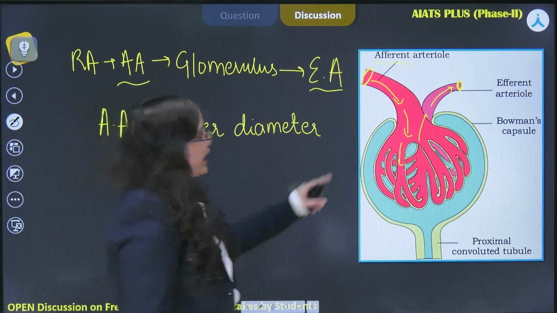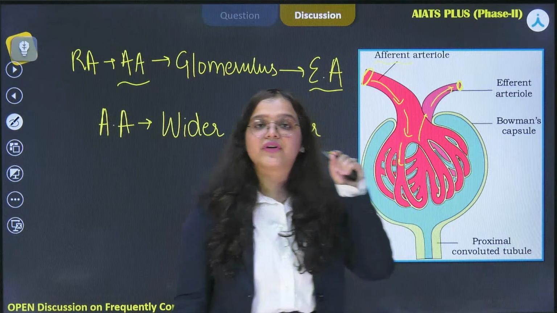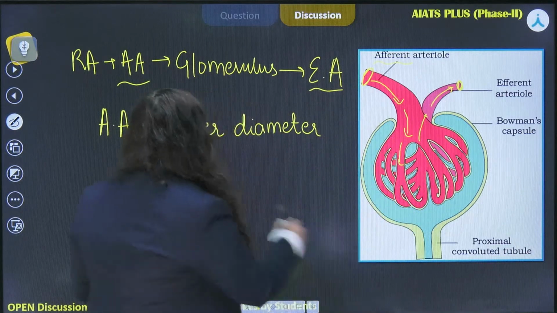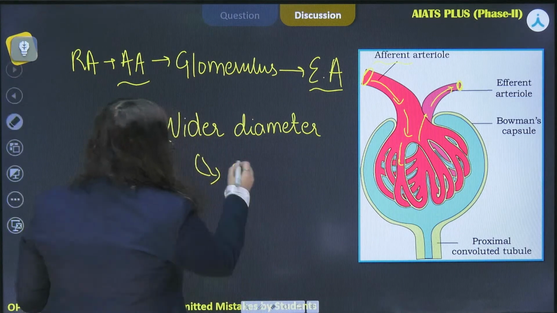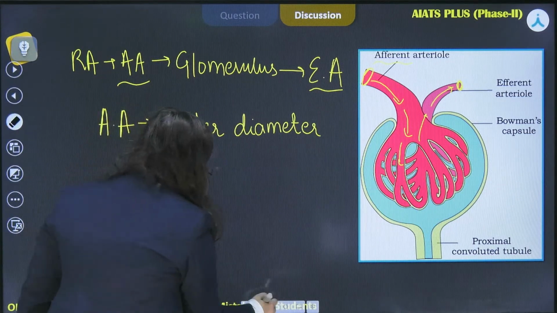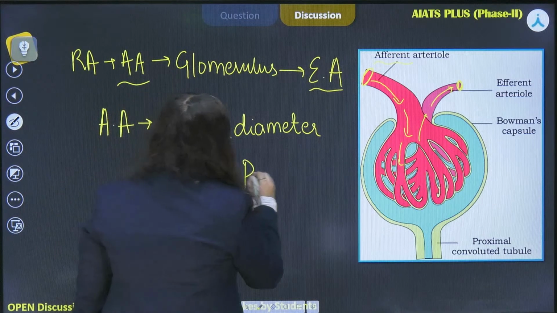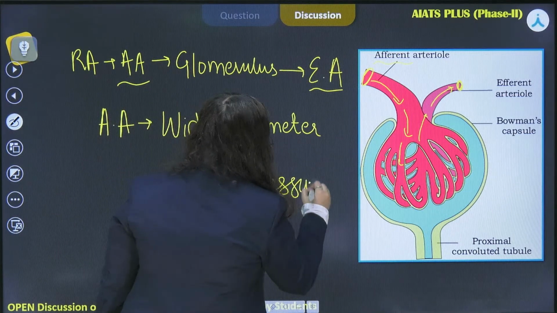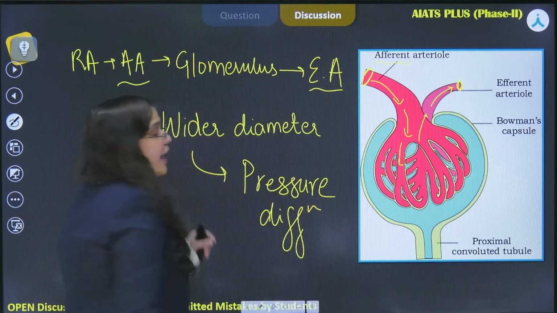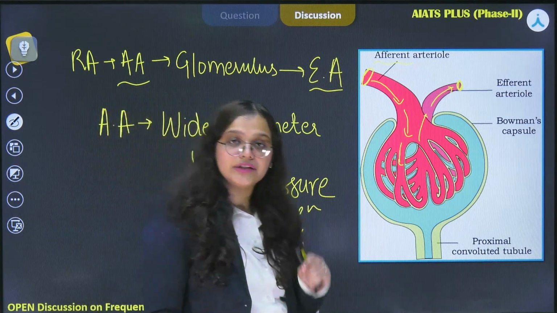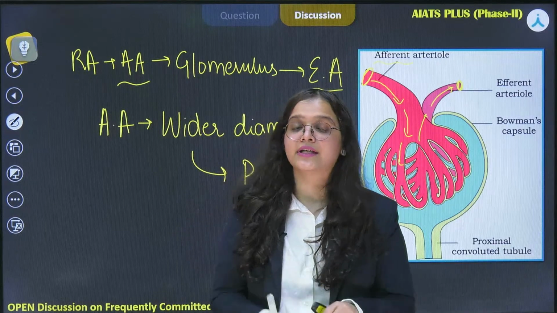And this difference in the size of diameter helps in creating a pressure difference, which will help in the process of ultrafiltration which takes place in glomerulus.